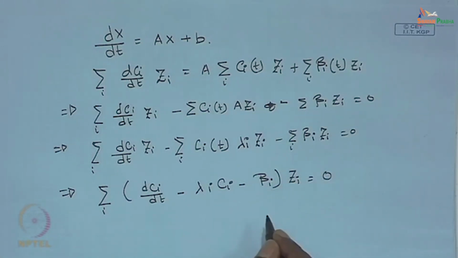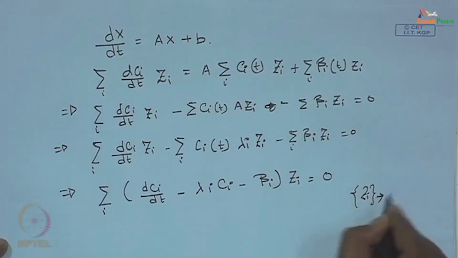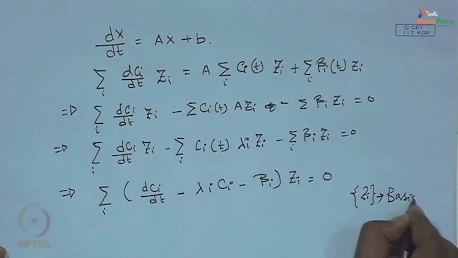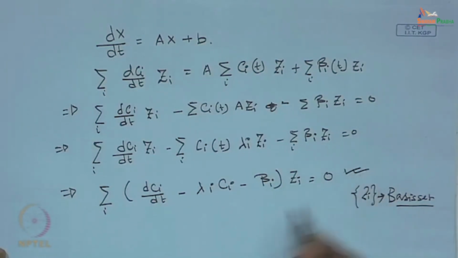And if we remember what these z_i's are, these z_i's are eigenvectors and they are independent of each other, independent vectors, and they form a basis set. So, therefore, if these vectors are independent and they are written in this form, the coefficient of all these vectors has to be independently equal to 0 in order to satisfy this equation.